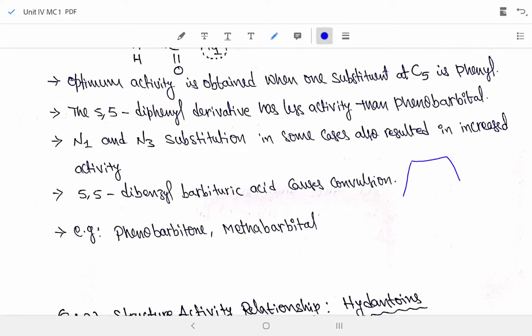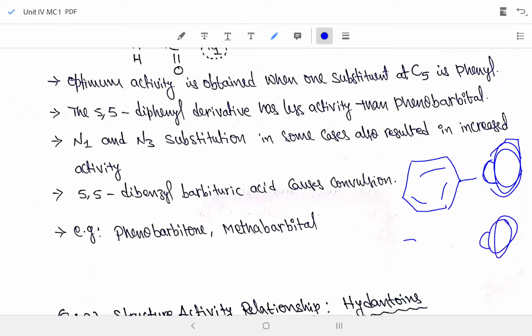A phenyl group is a benzene ring directly attached to some system. But if to the same system a phenyl ring is attached with the help of a methyl bridge, it is called benzyl.